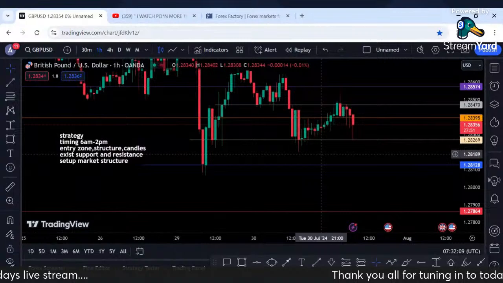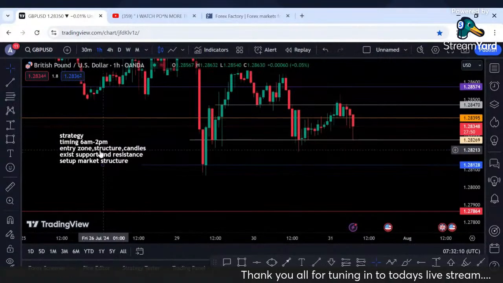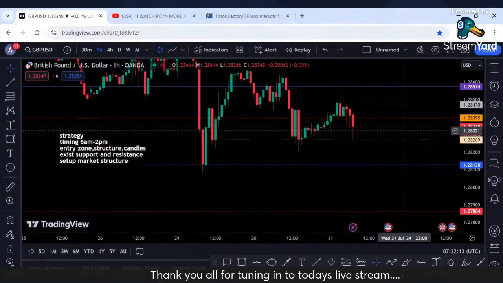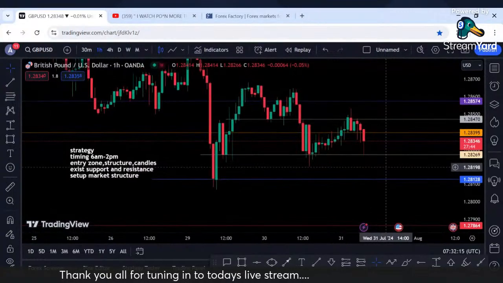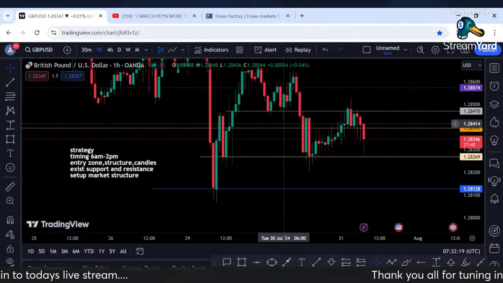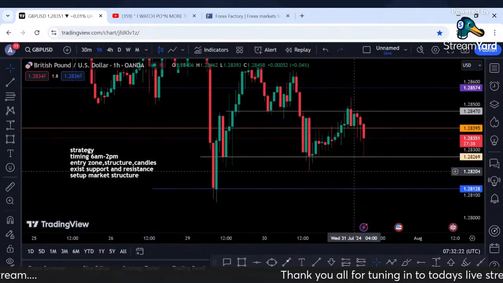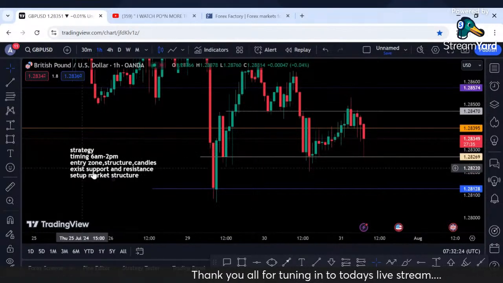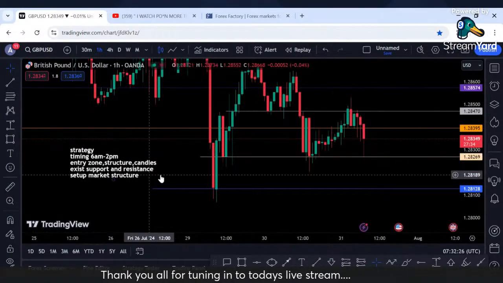So when I come to the chart, I'm going to combine all these things together to make a decision. If you see me drawing lines over here, it means I'm going to put everything together to make a decision.